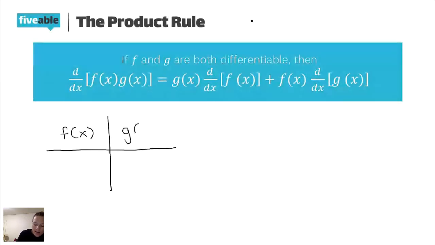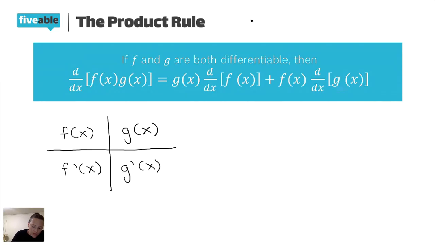In my upper right-hand corner, I put g of x. Now, under f of x, in the bottom left, I'm going to put whatever the derivative of f of x is. And in that bottom right-hand corner, I'm going to put g prime of x, the derivative of my second factor.